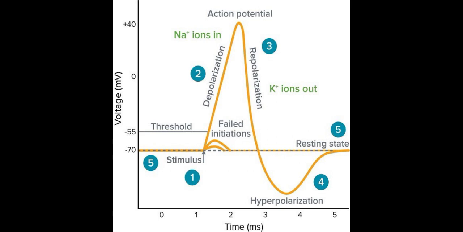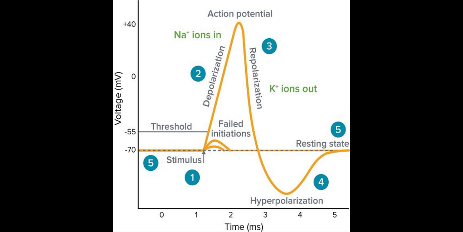So in summary, the action potential is a precisely orchestrated sequence of events involving depolarization, threshold, rising and falling phases, repolarization, hyperpolarization, and the activity of ion channels and pumps.